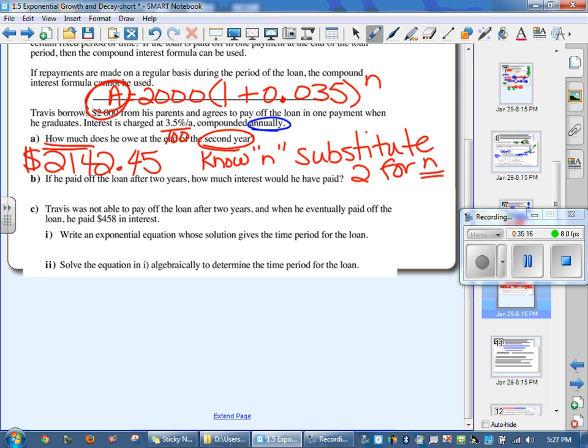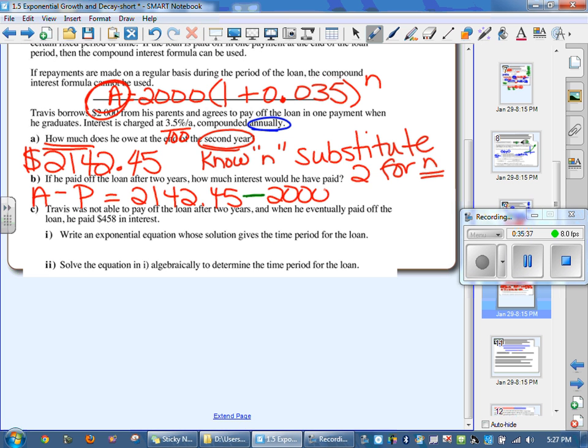So we're going to take 2142 and 45 cents, and we're going to subtract our starting amount of $2,000. And what do we know? The interest amount is $142.45. That's how much he paid in interest.